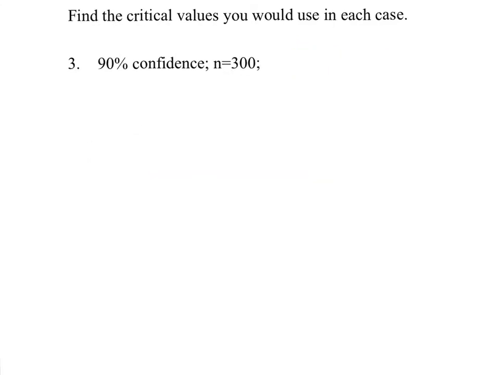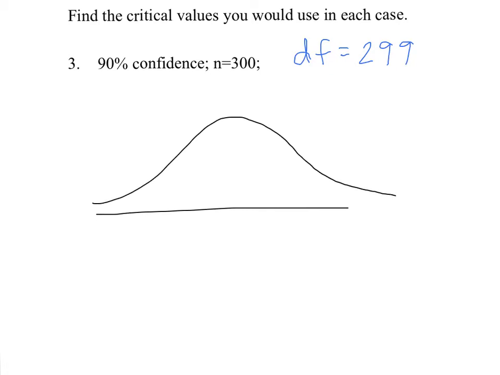Last example is a 90% confidence interval where n is 300. So again, if n is 300, my degrees of freedom is going to be one less, which is 299. And my t curve will look like so.